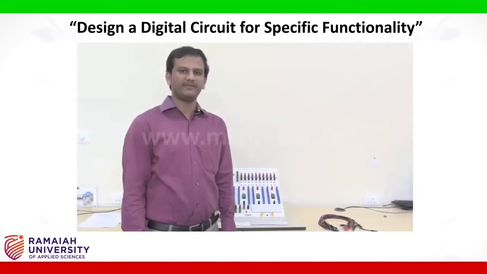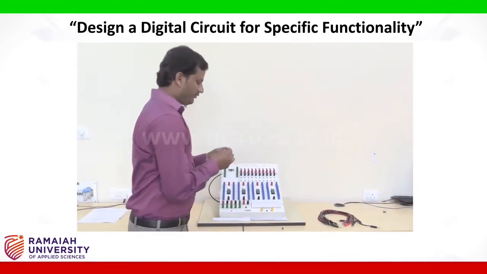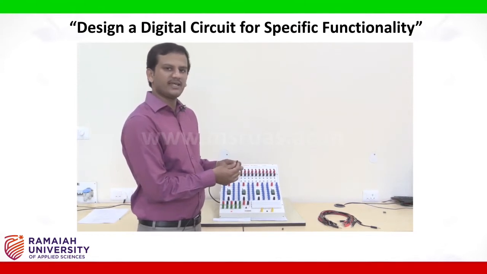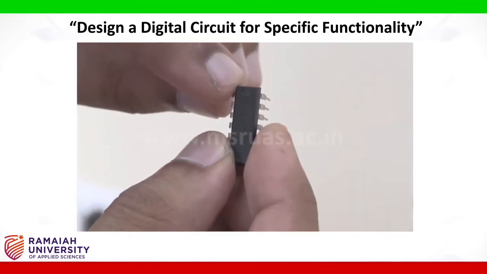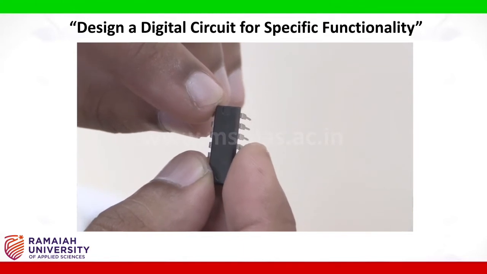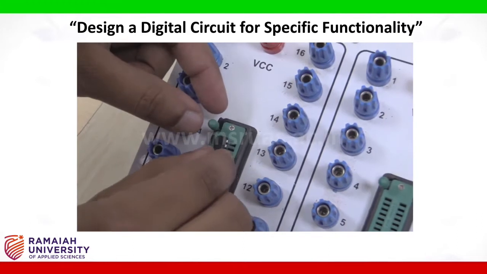After checking the conductivity of the patch cards, let us place the ICs into the IC base. So I will take 7408 IC, which represents AND gate, and I am going to place this IC into the IC base. Before placing this IC into the IC base, make sure the notch of the IC should be directed upwards, and you have to place this in the IC base and close the lever.